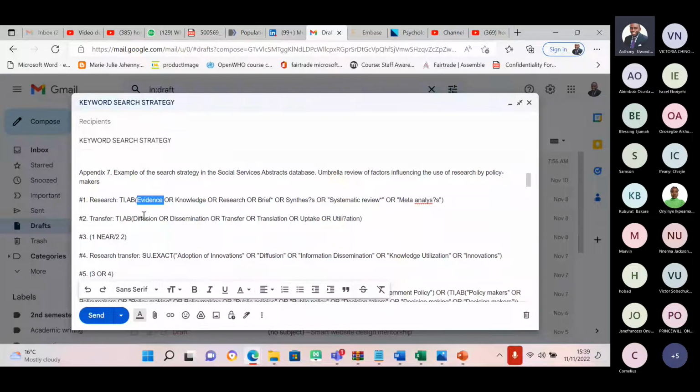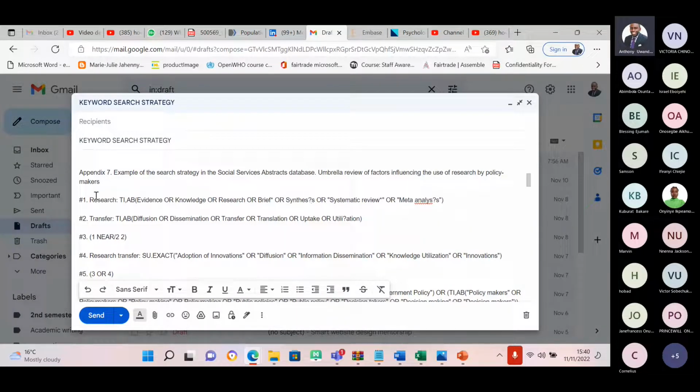So this was what they used. So the word for research, now you can see you have evidence or knowledge or research. I got it by reading what other people have done, brief or synthesis. This question mark means any word. It can be I or E. It doesn't matter. Or systematic review on.